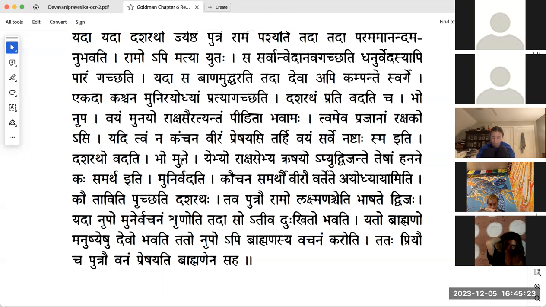So one last time. Yebyo Rakshasebyo rishayo api udvijante, tesham hanane kahasamarte iti. Starting with the correlative: the rishis tremble due to those demons. Who is capable of killing them?